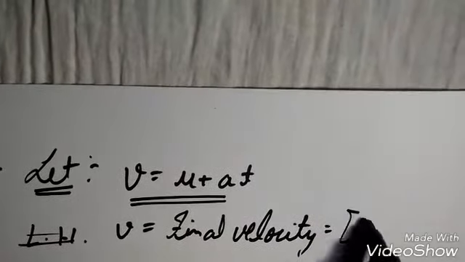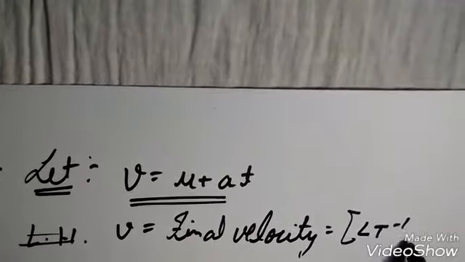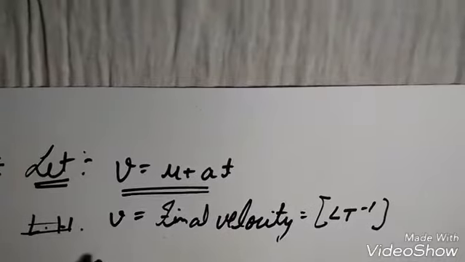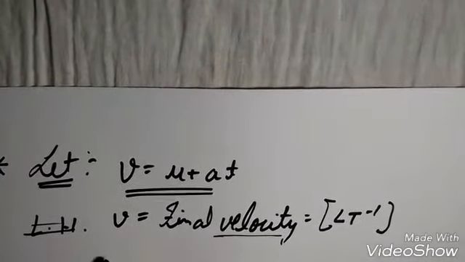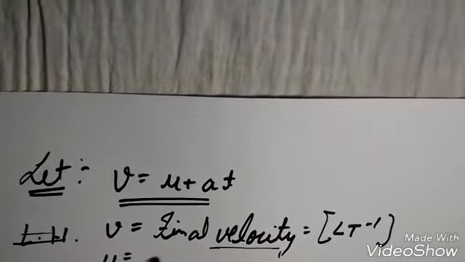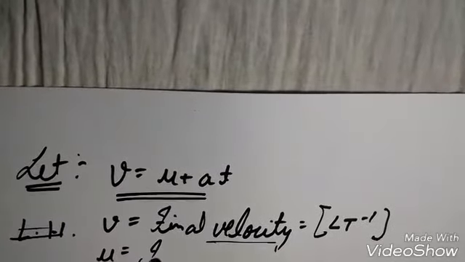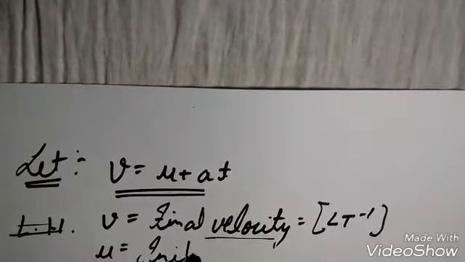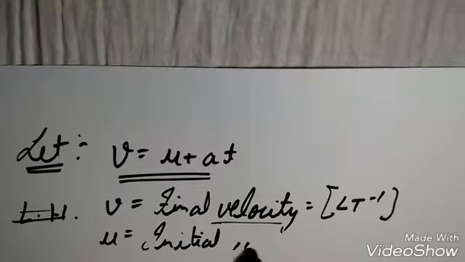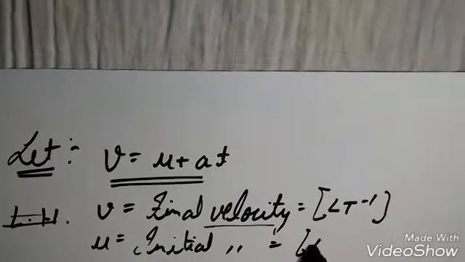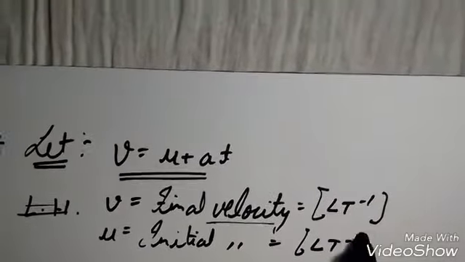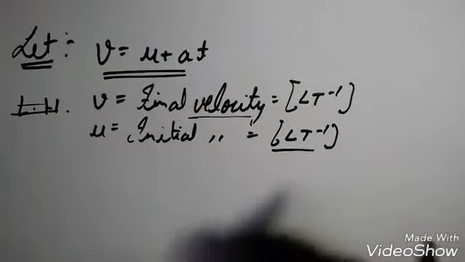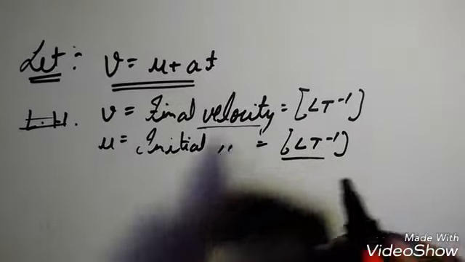It has a dimension formula of LT minus 1, as it is a physical quantity, velocity. U is denoting here the initial velocity. It also has a dimension formula of LT minus 1. It doesn't matter whether it is initial velocity or final velocity.